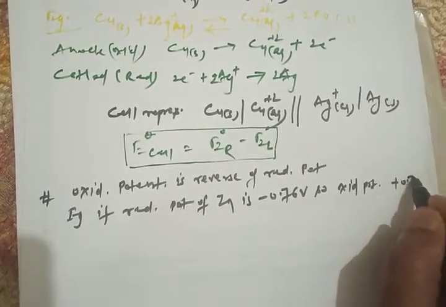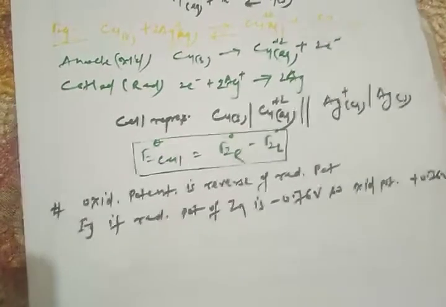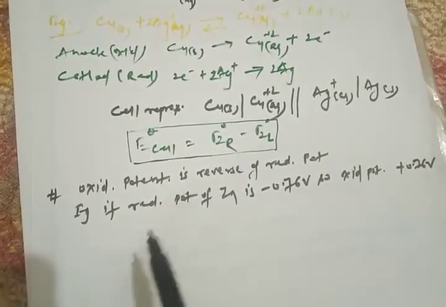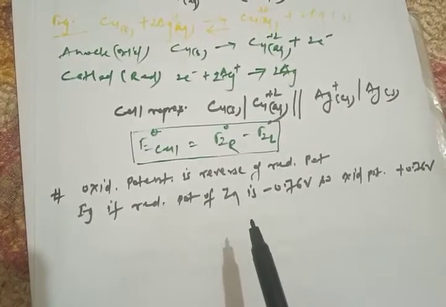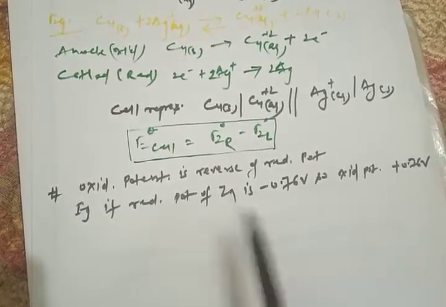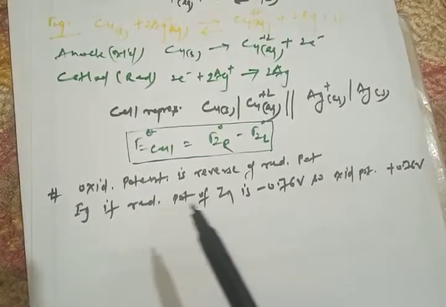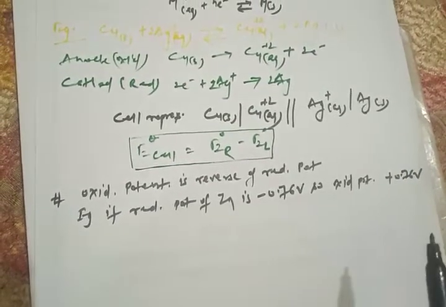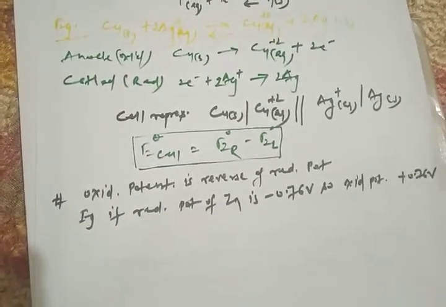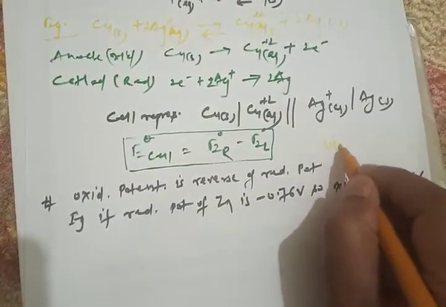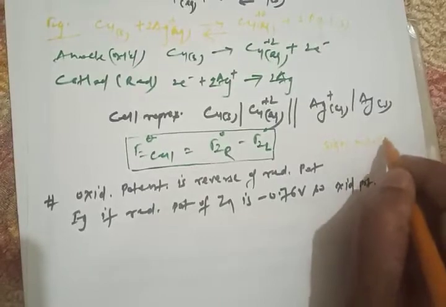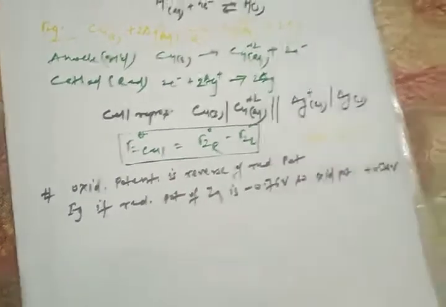Plus 0.76. You need to remember, whatever is the value of oxidation potential, the sign will be changed in reduction potential. Whatever is the value in the reduction potential, the sign will be changed in the oxidation potential. So this is what we are talking about, the sign notation. Okay, this is the sign notation you need to remember.